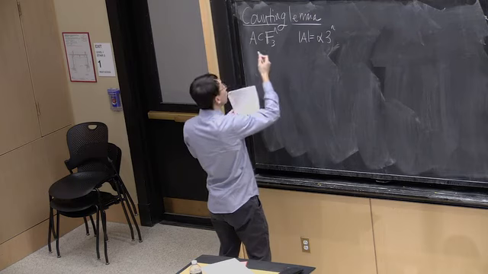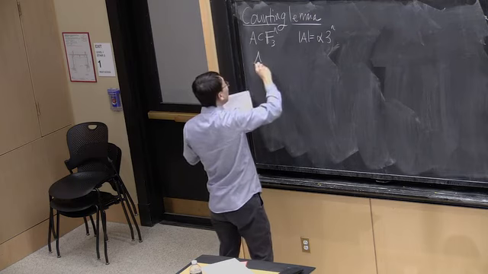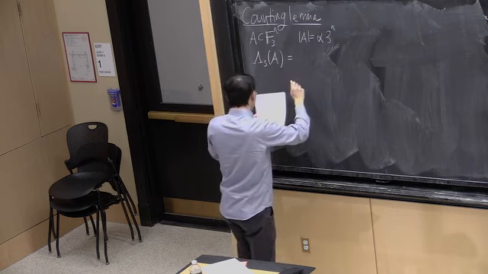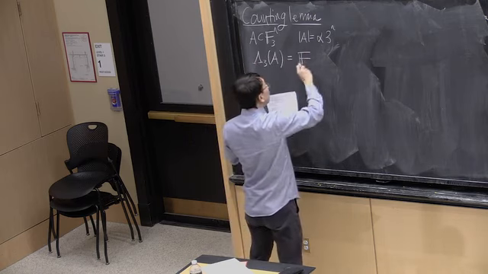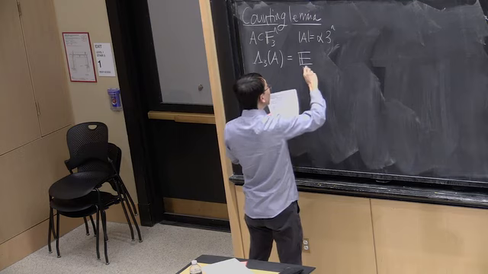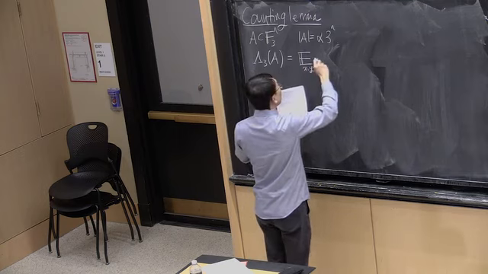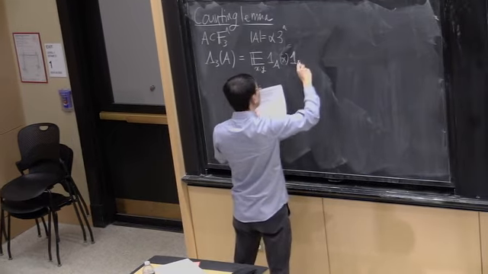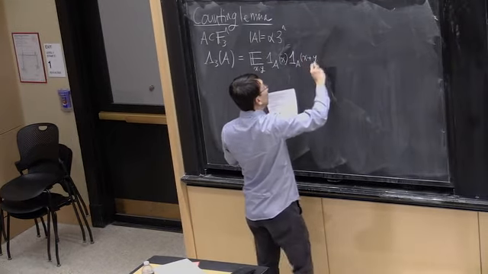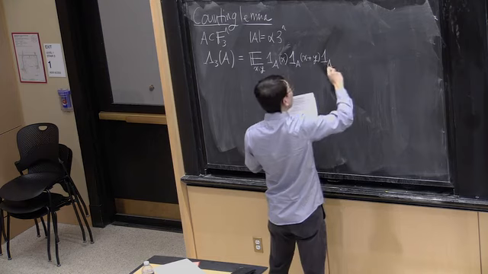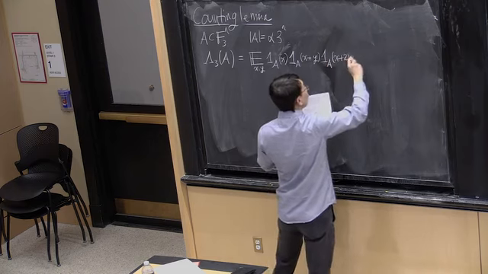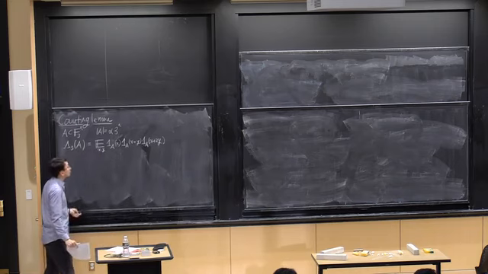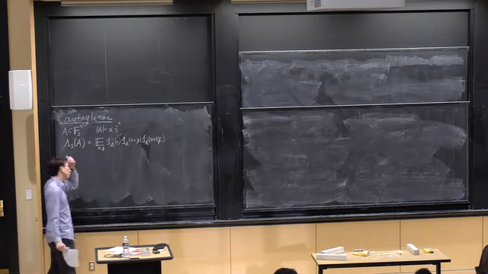then let me define this lambda 3 of A to be the function which counts 3 APs in A, but with the averaging normalization. Okay, so we saw this earlier.